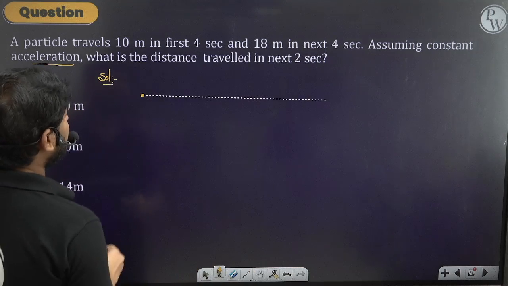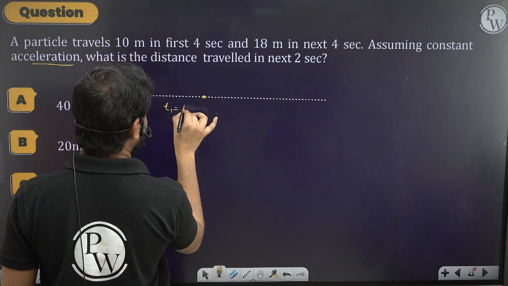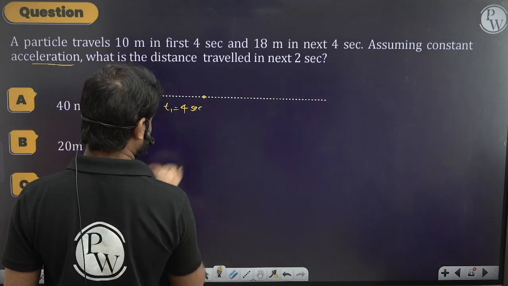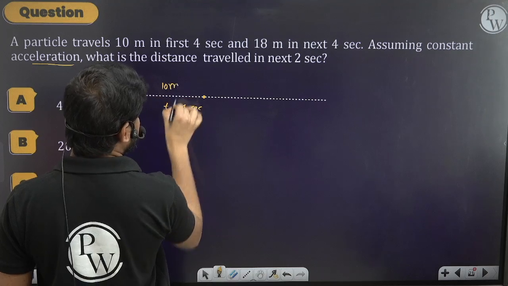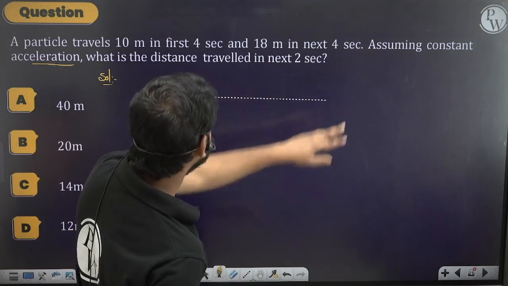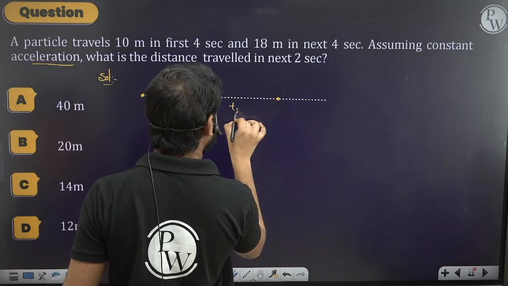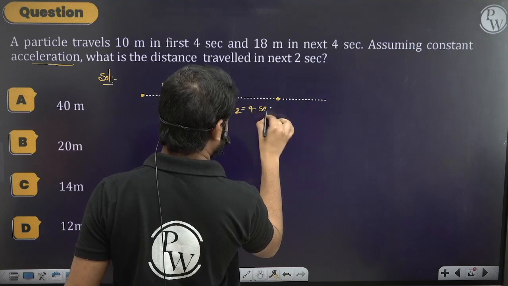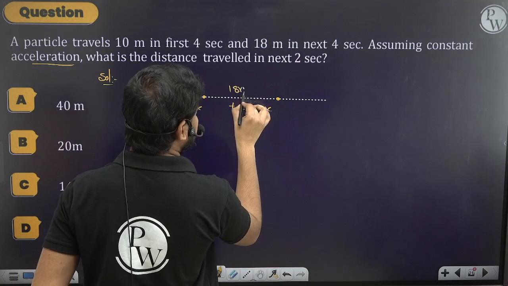In the first 4 seconds, let's consider t1 is equal to 4 seconds, it covered 10 meters. Then 18 meters in the next 4 seconds, till here, time t2. In the next 4 seconds, it covered 18 meters.